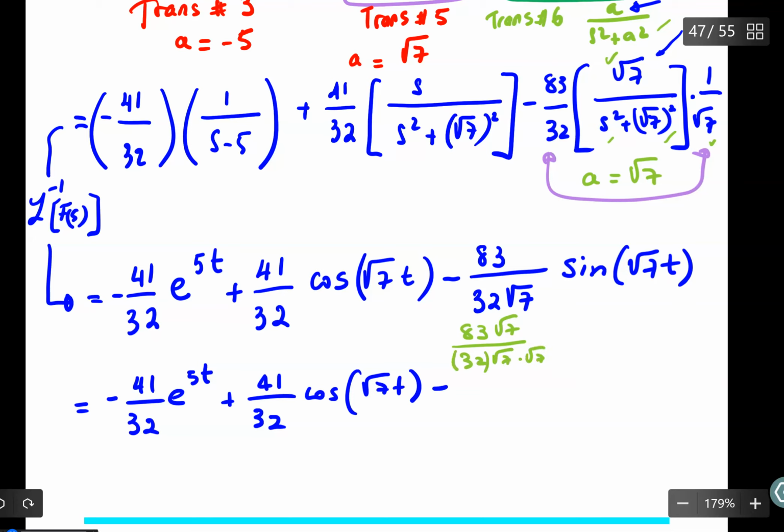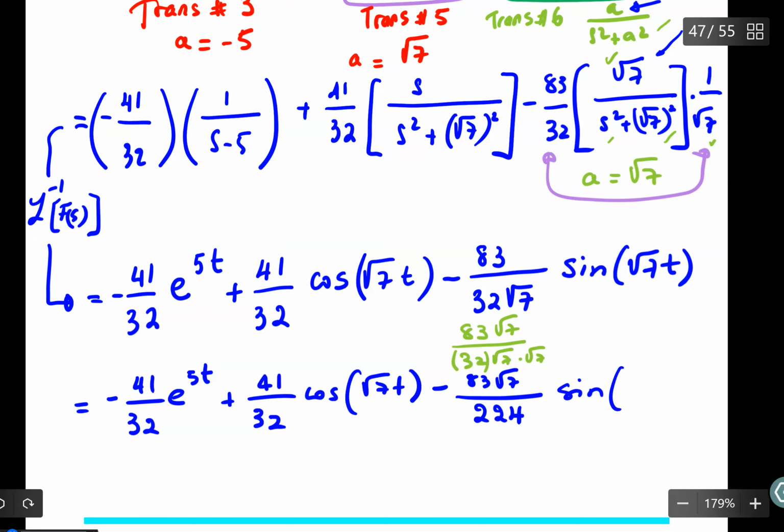So in this case, I will have 83 times root 7 divided by root 7 times root 7, which is 7. 32 times 7 will be 224.